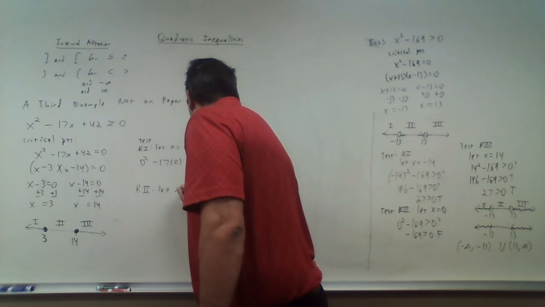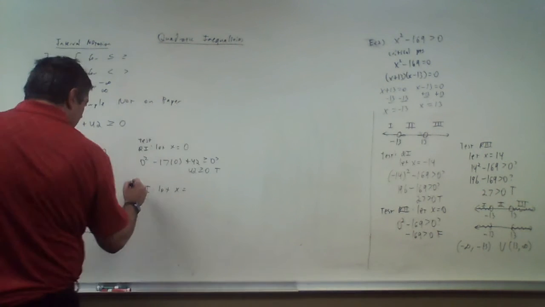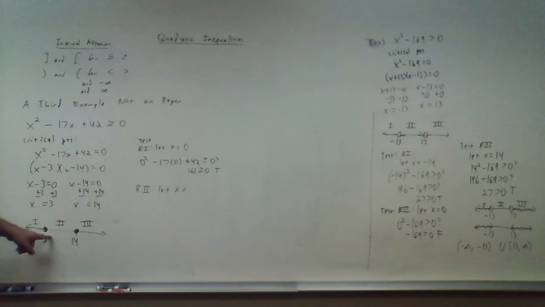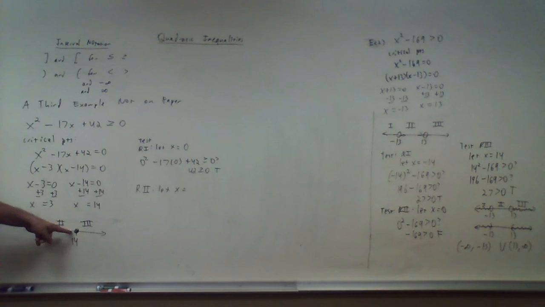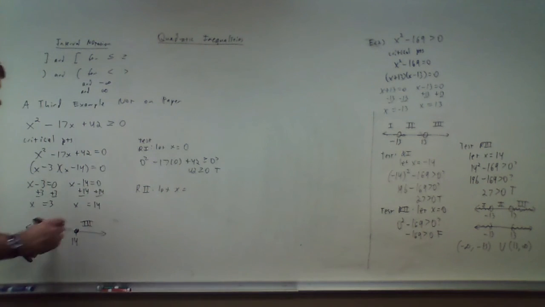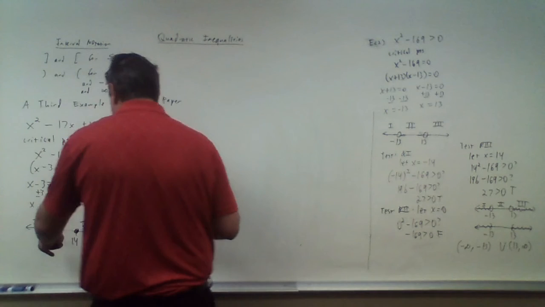Let x equal... We could use anything after 3 but before 14. We could use 3.1, 4, 5, 6, 7, 8, 9, 10, 11, 12, 13, up to 13.9, or 13.99999. Anything after 3 but before 14. Okay, I'll use 4. It's the first number in the region.